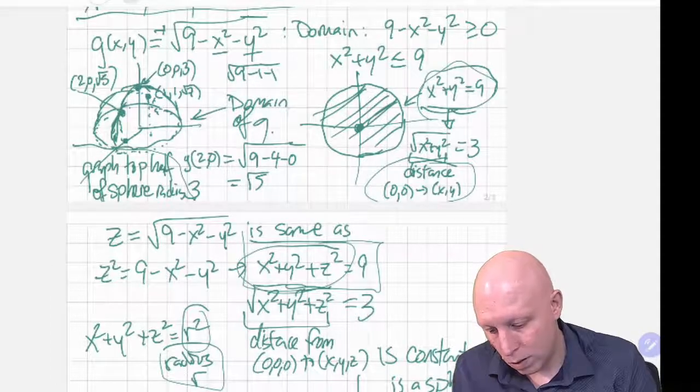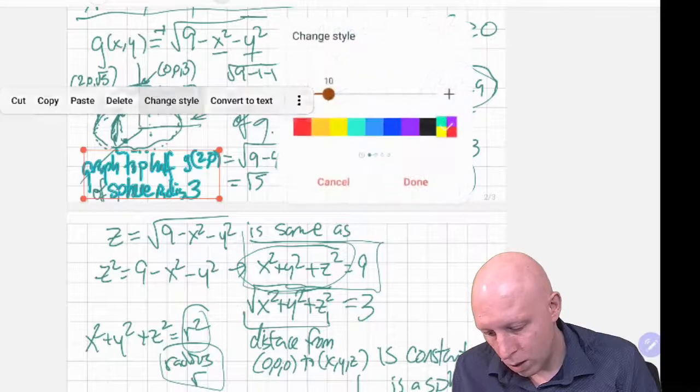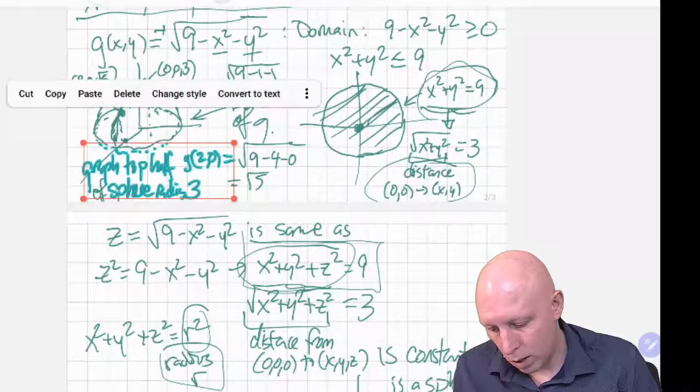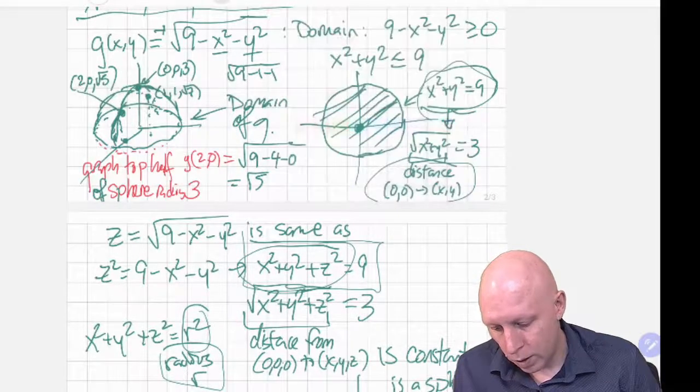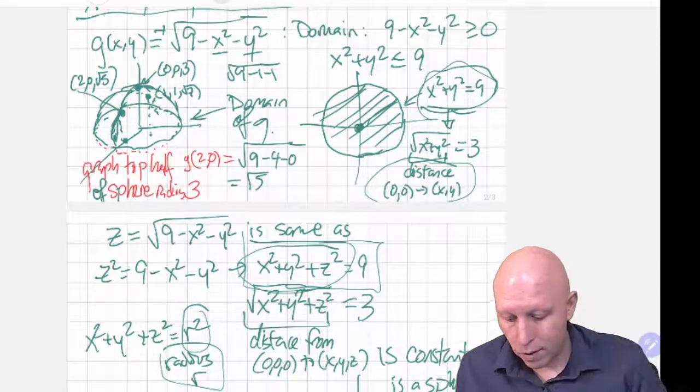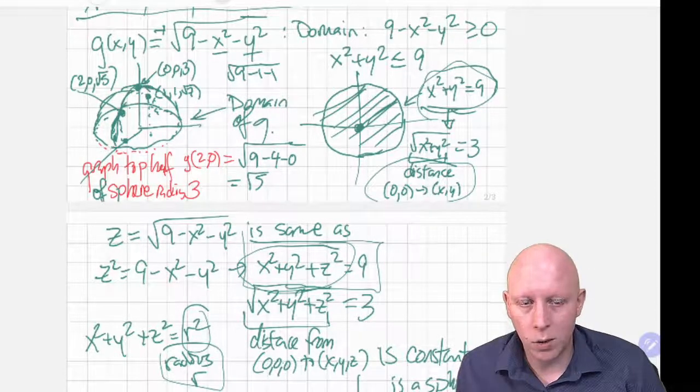Oops. Why didn't that work? So this is the graph of the top half of the sphere of radius 3.